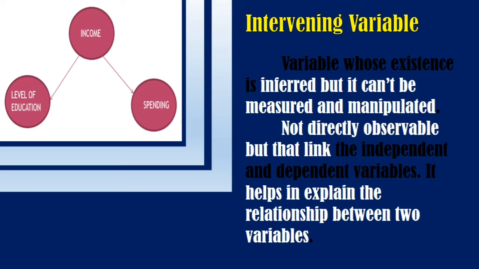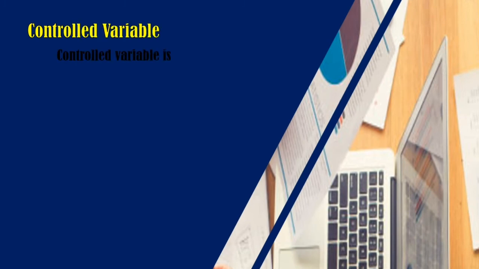So if you will try to measure the relationship between the level of education and the spending of the people, you have to consider also their income, because it can be inferred that income can affect the relationship between these two variables. The next is the controlled variable.